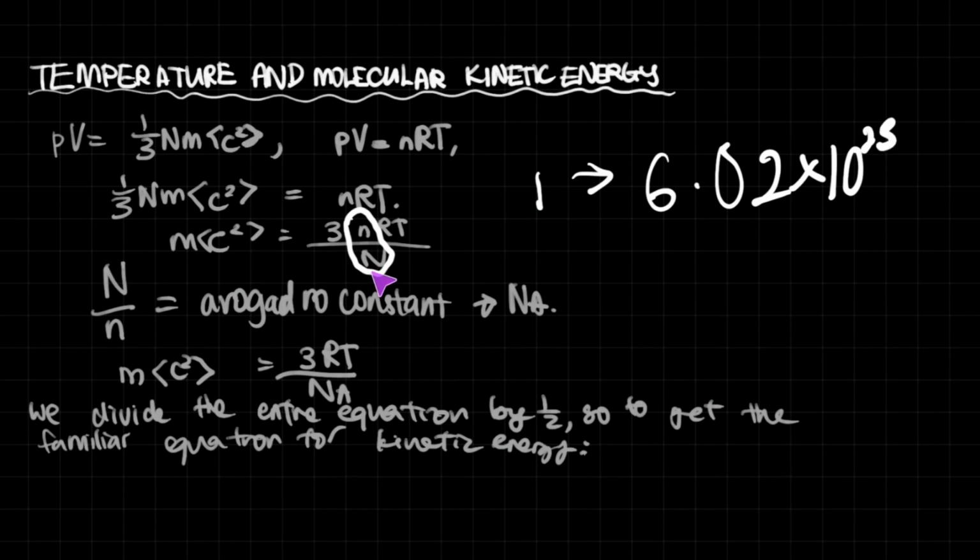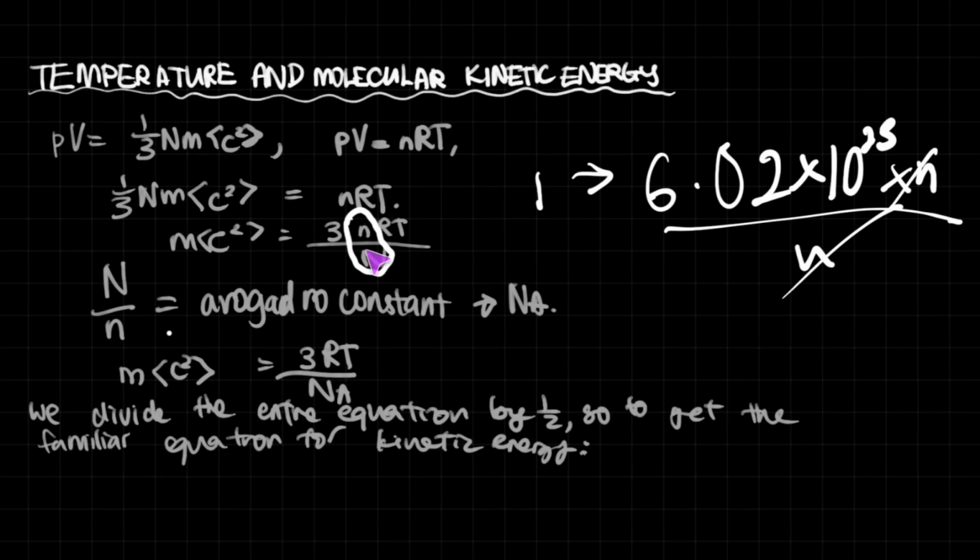So basically, we know that the total number of molecules divided by the number of moles is going to give you the Avogadro constant. Why is that so? Because the total number of molecules is going to be this times something, and that is going to be the number of moles. And you divide it by the number of moles. You get that. So that is that.